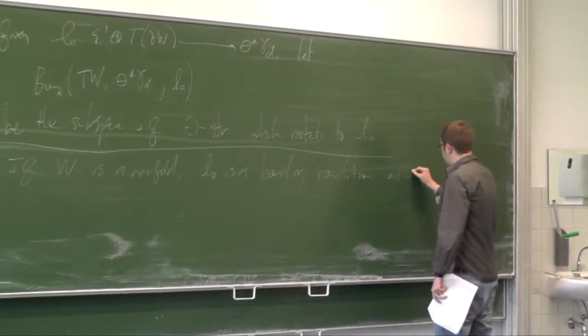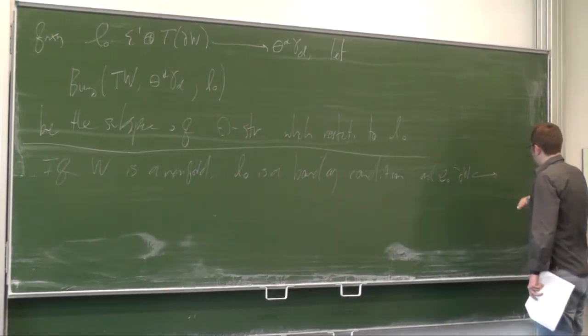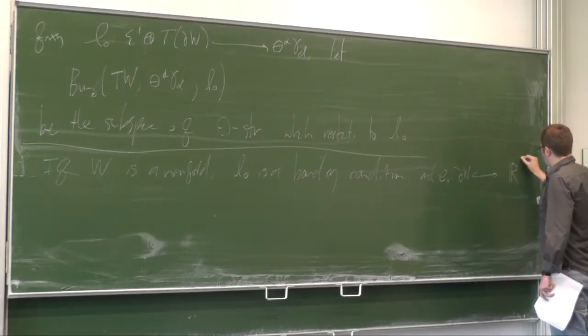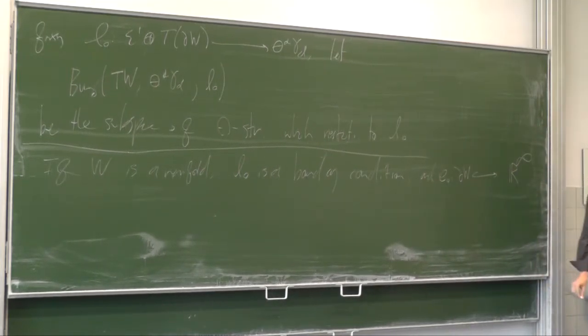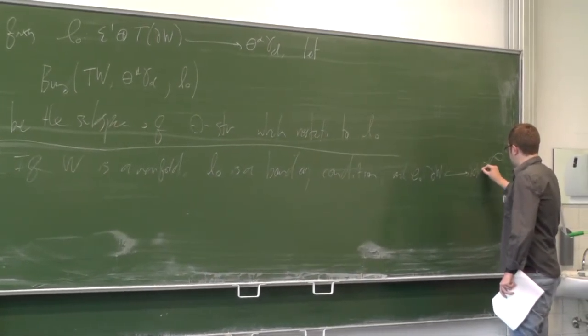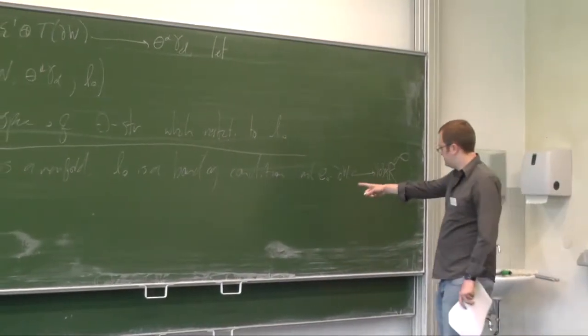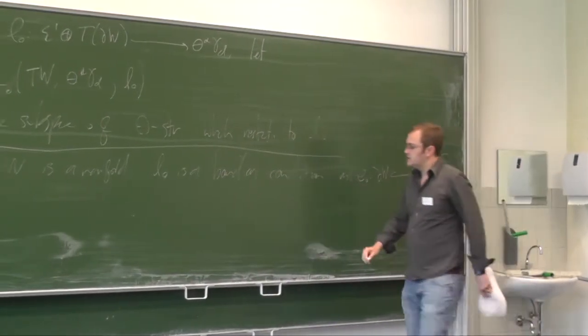It doesn't really matter, but I want to fix it anyway. I want to fix an embedding of the boundary of the manifold into infinite dimensional Euclidean space. And maybe for convenience later, I write 0 cross infinite dimensional Euclidean space. Okay, now just pick one. That's a contractible space of course.